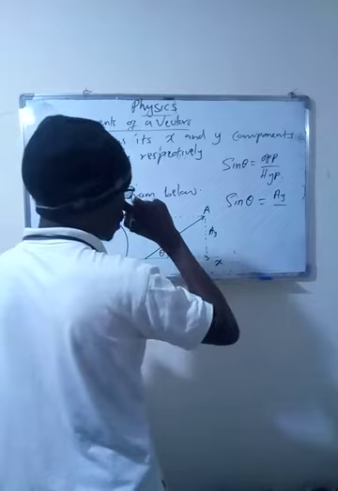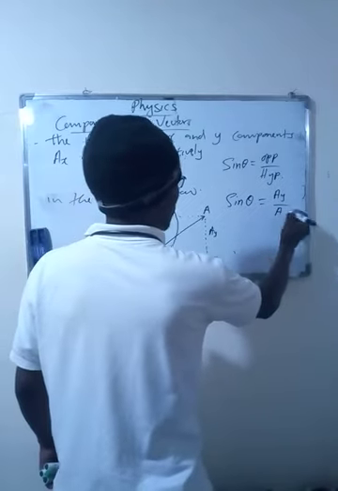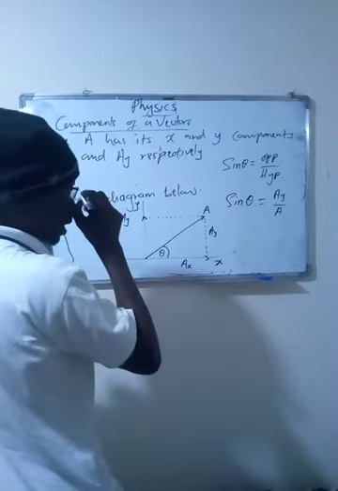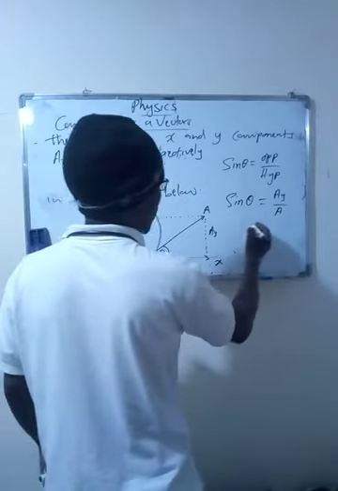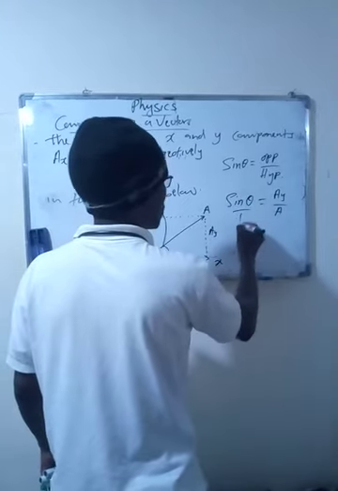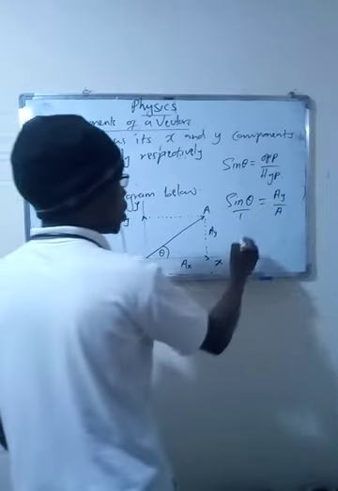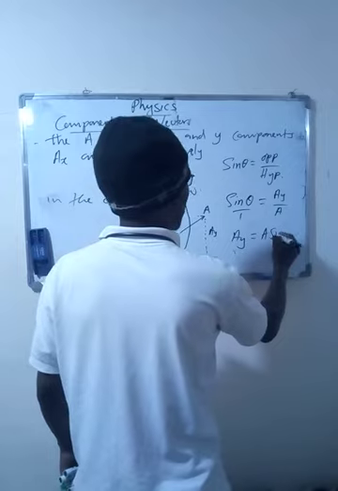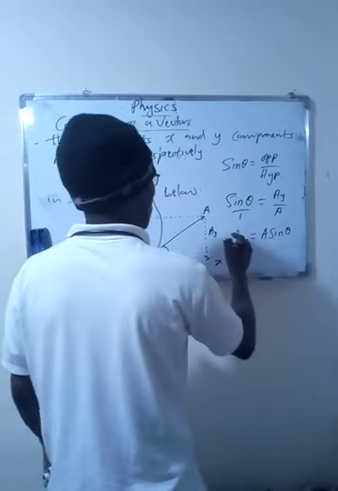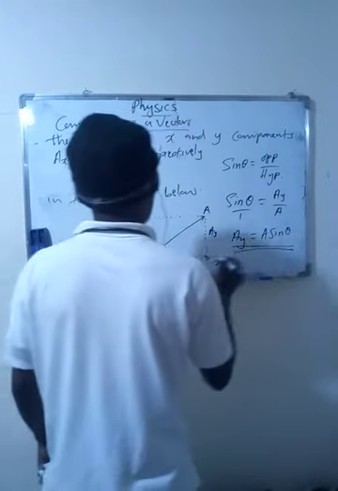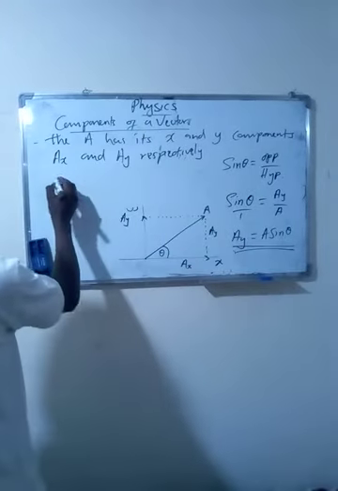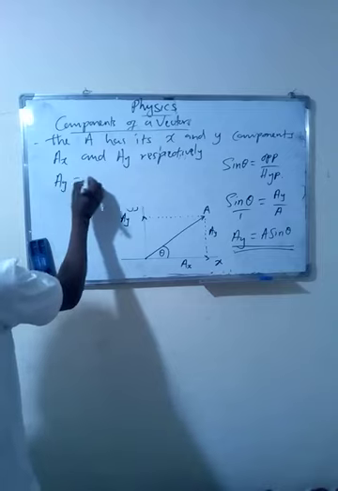Now we are looking for the y component, so we make ay the subject of the formula. We have ay is equal to a sine theta. So that is the y component.